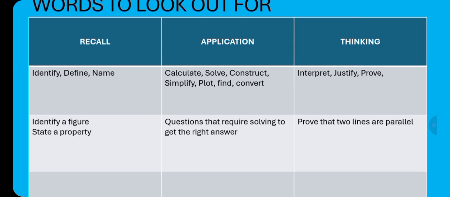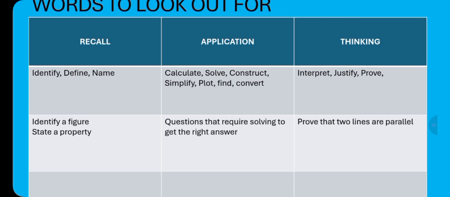So you can see a figure and you'll be asked to identify the figure. This could be in section A or section B. Or you could be asked to state a property of what's happening. Maybe a commutative property, associative property, or the property in relation to, let's say, a particular figure. Say equilateral triangles, all the angles are equal, and so on.